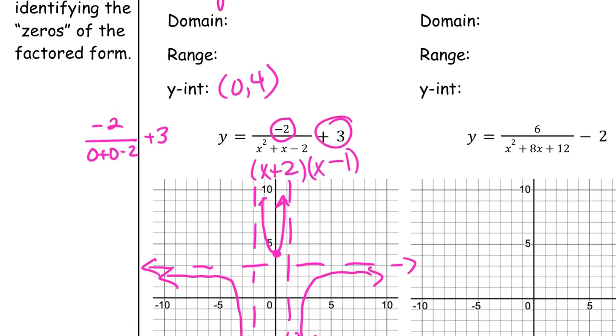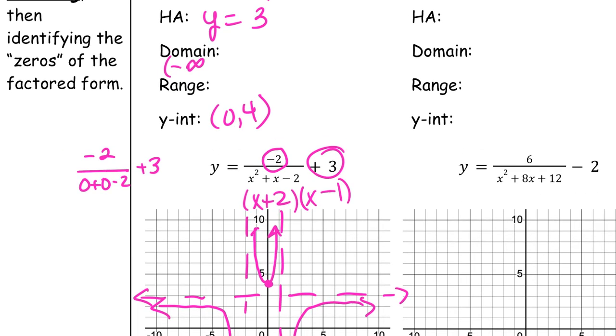Okay, domain. My domain is considerably longer. It's going to start way over there on the left, and how far is it going to go? Look at your vertical asymptotes. Then it's going to go from -2, and then it's going to go from 1. What about my range?